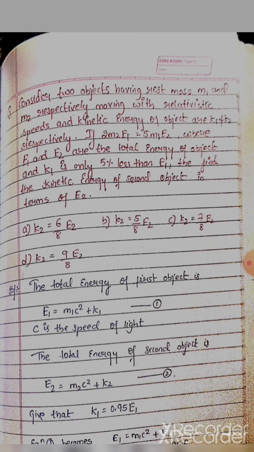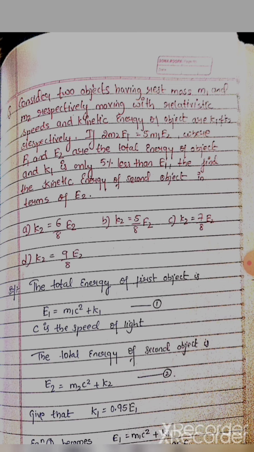This question states: consider two objects having the rest mass m1 and m2 respectively, moving with a relativistic speed, and the kinetic energies of the objects are K1 and K2 respectively.